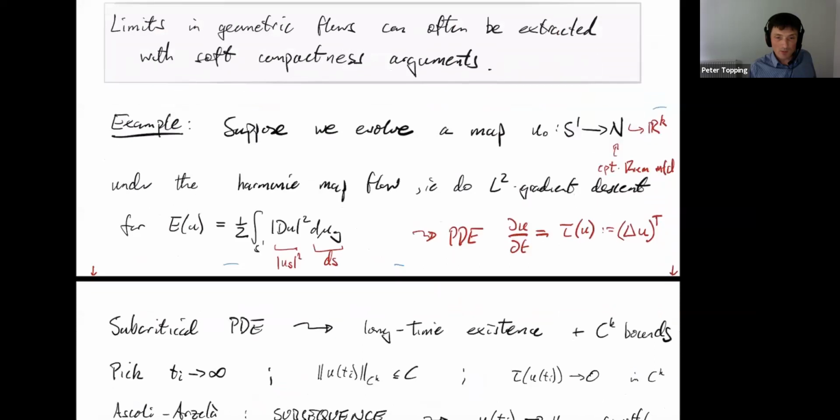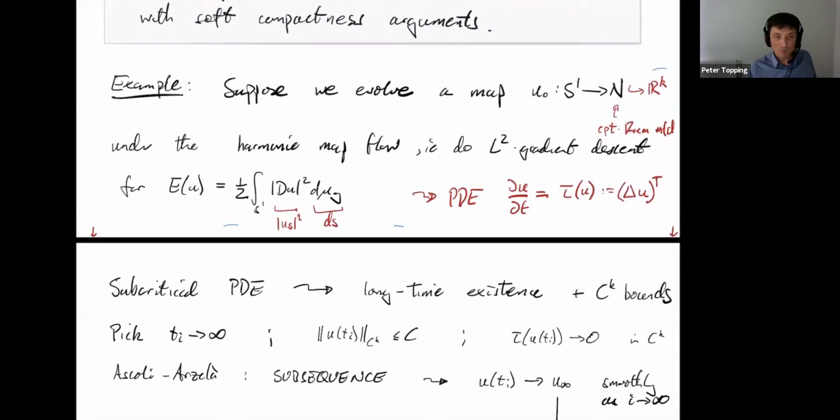Okay, so this is a subcritical PDE. Everything is very nice. You get long time existence and all the bounds you want. So everything is particularly simple in this situation. What we can do is pick a sequence t_i goes to infinity. Normally you have to be a little bit careful about the sequence, but here you can do pretty much what you want.